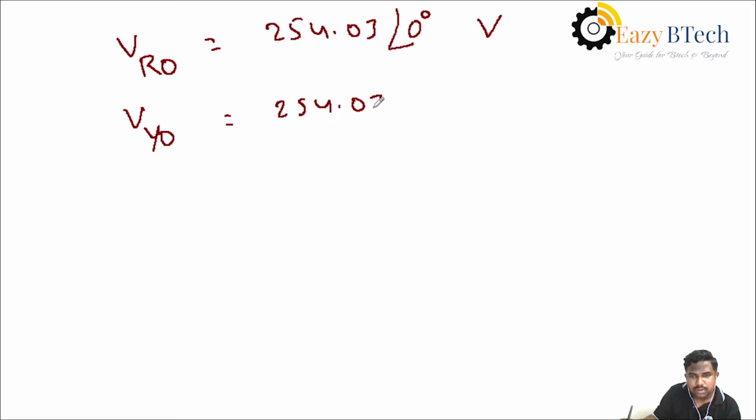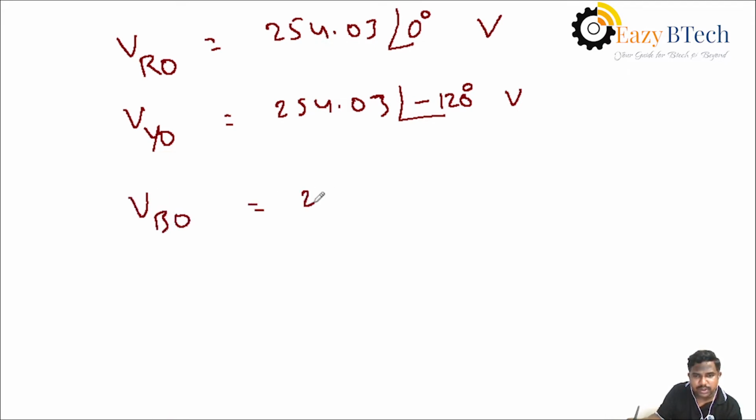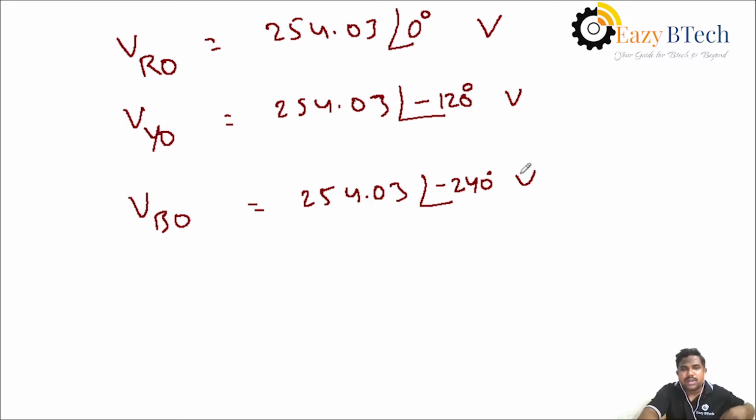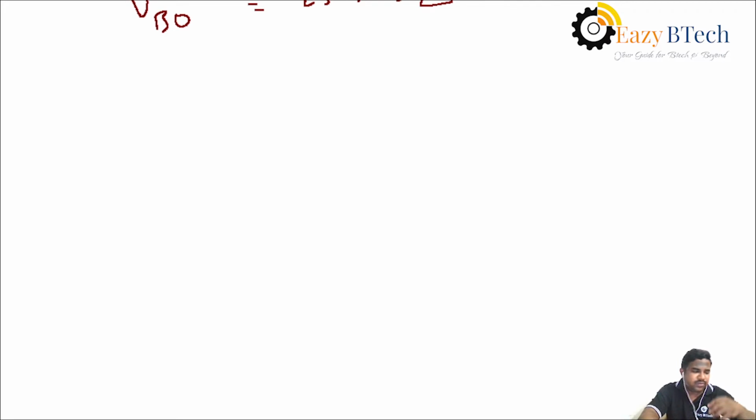We know the given supply is star symmetrical. That means all phase voltages are equal in magnitude, but the voltages are displaced by 120 degrees from each other. The magnitudes are equal, but the phase angles are different, displaced by 120 degrees between the phase voltages.